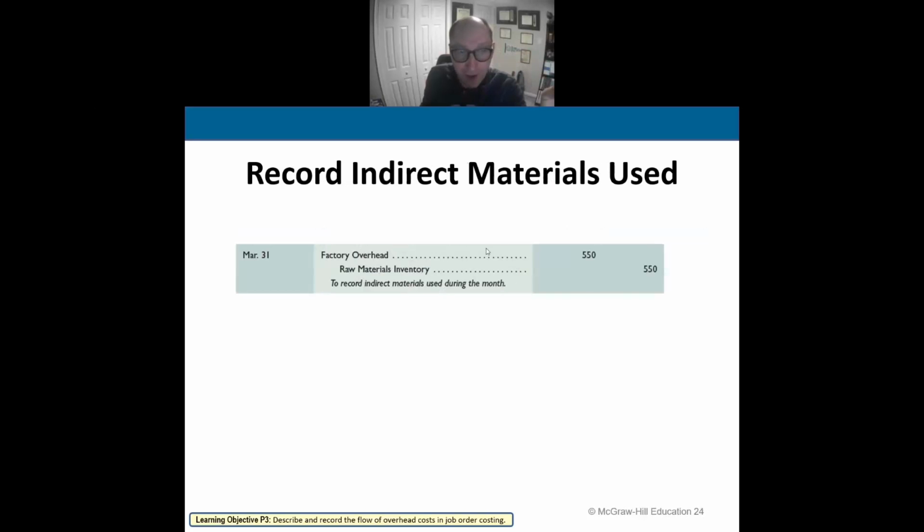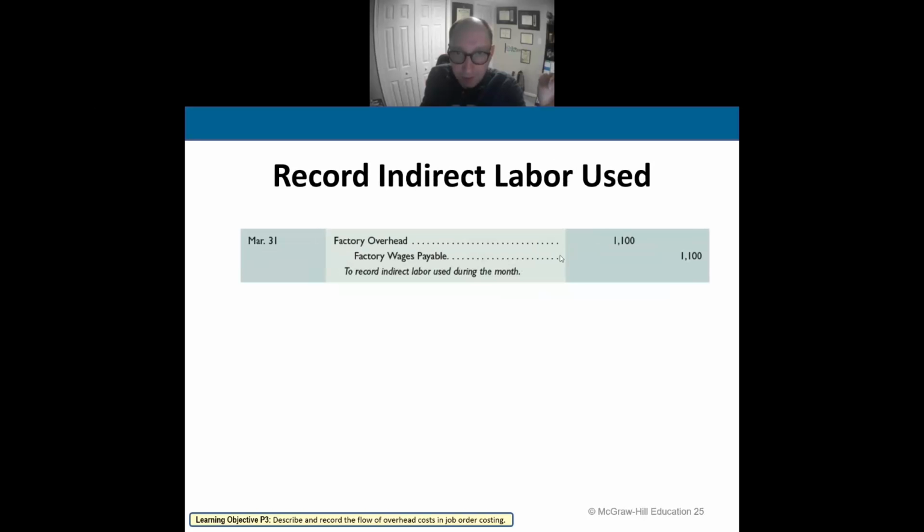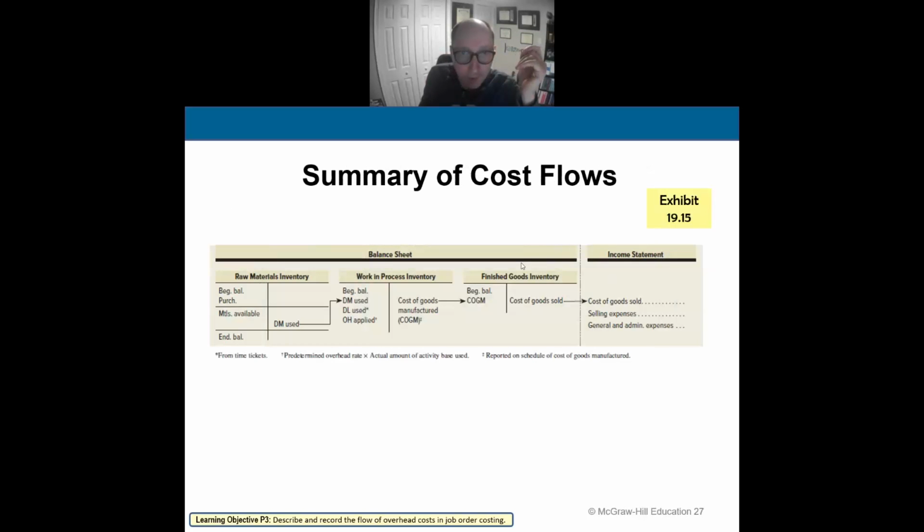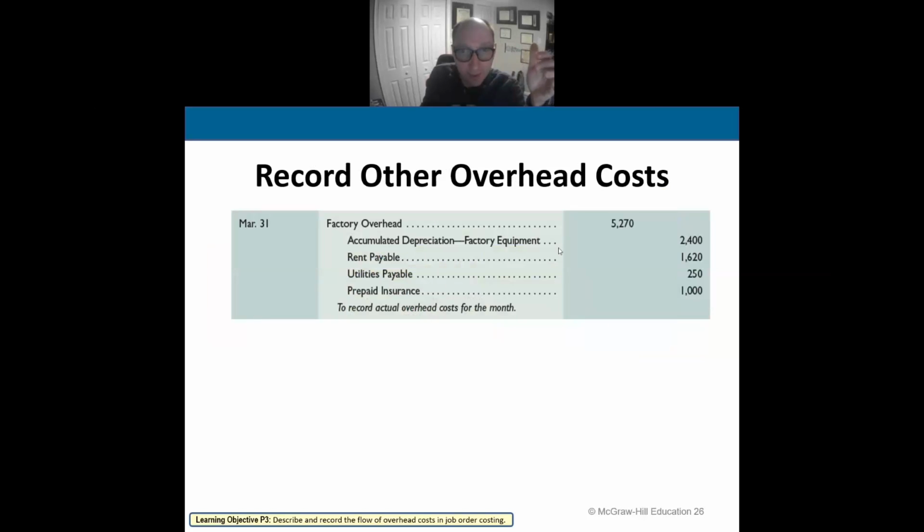So first I find the indirect materials used, then the indirect labor used, plus the other factors like depreciation, rent, utilities, insurance, etc. I add all those together to get the actual overhead cost.